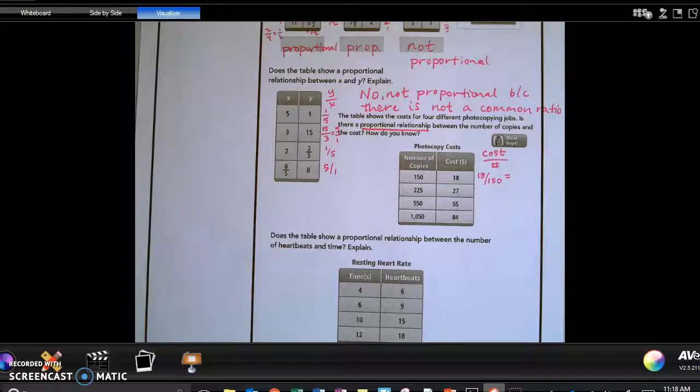But I know that 9 will go into 18 and 6 will go into 18. So I'm going to see which of those numbers will also go into 150. And once I find that greatest common factor, I can divide the top and the bottom by that greatest common factor.